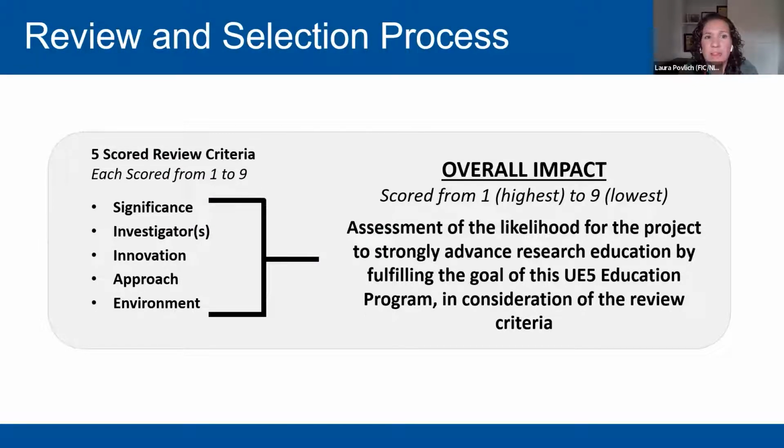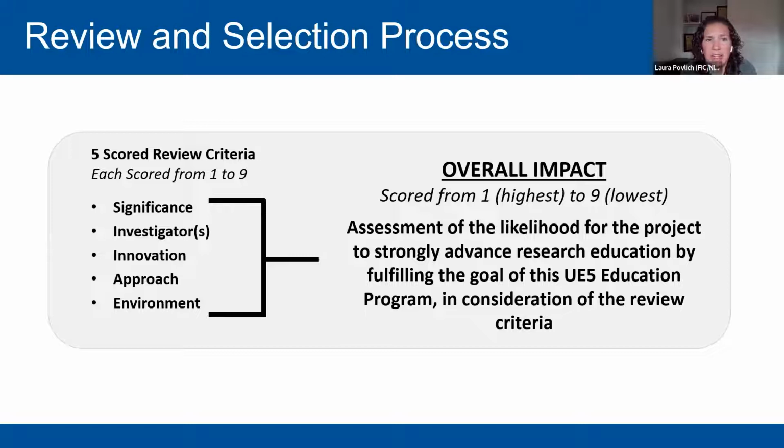And then moving on to the review of these applications, similar to other NIH applications, the applications will move forward to NIH peer review and will be assessed based on five scored review criteria, including significance, investigators, innovation, approach, and environment.